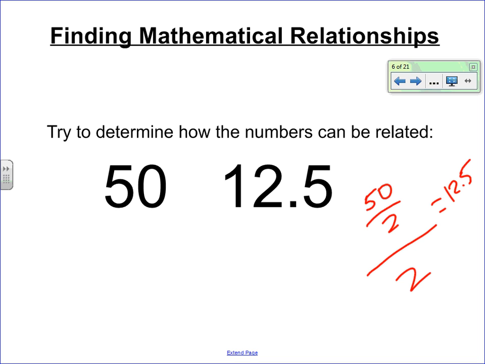Alright, 50 divided by 2 divided by 2 equals 12.5. Or, what's the easier way to say this? Nice, you can say 12.5 times 4 equals 50, or 50 divided by what? 4. You say 50 divided by 4 equals 12.5.